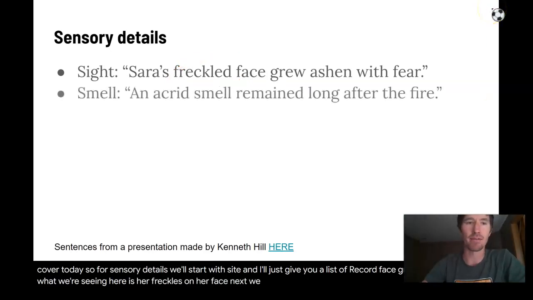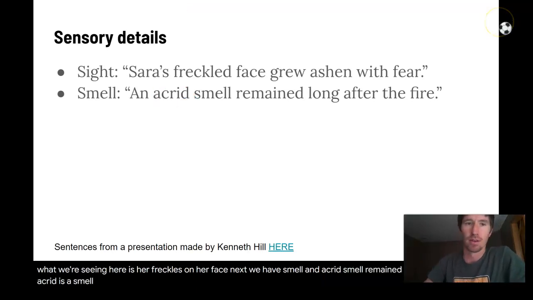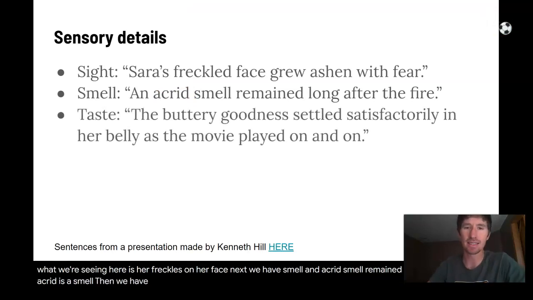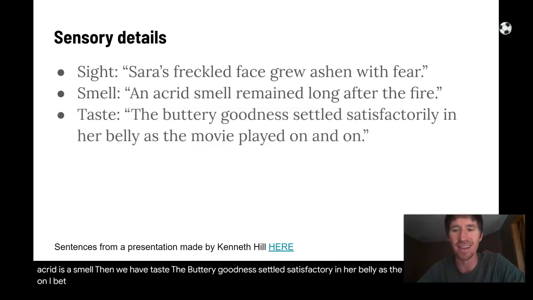Next, we have smell. An acrid smell remained long after the fire. So acrid is a smell. Then we have taste. The buttery goodness settled satisfactorily in her belly as the movie played on and on. I bet you can guess this one. Which one has to do with taste?